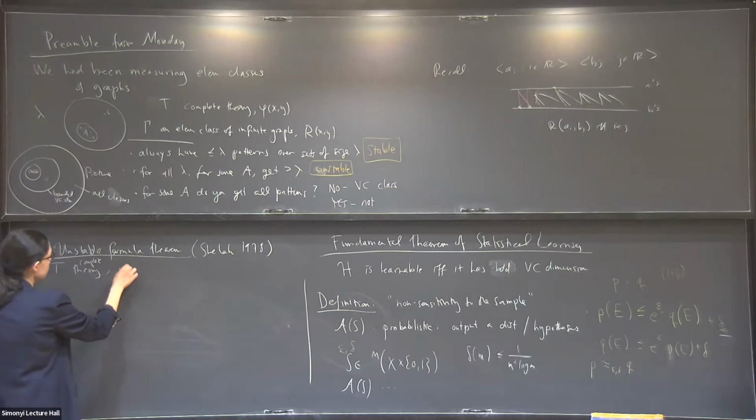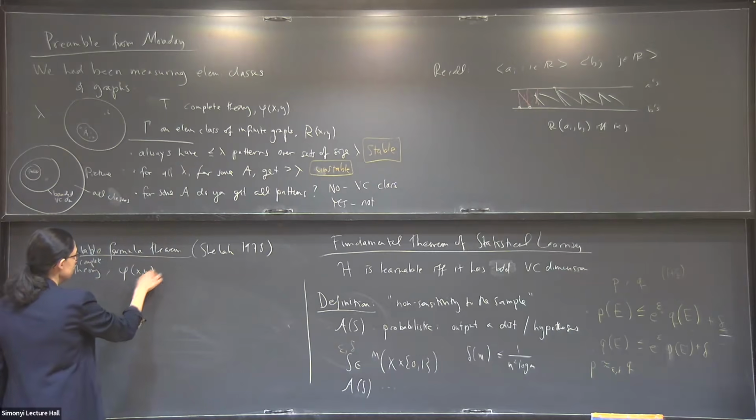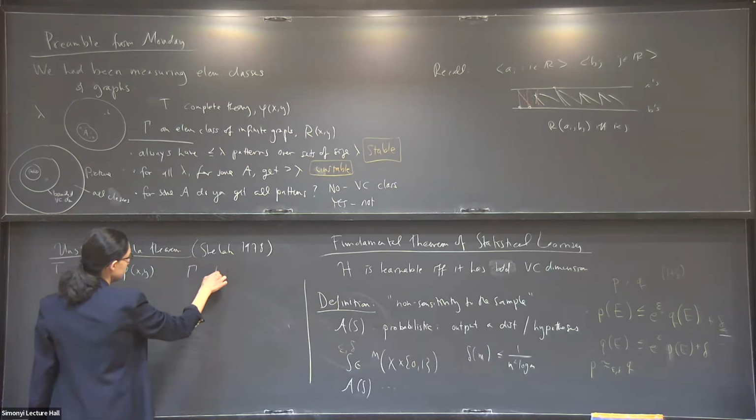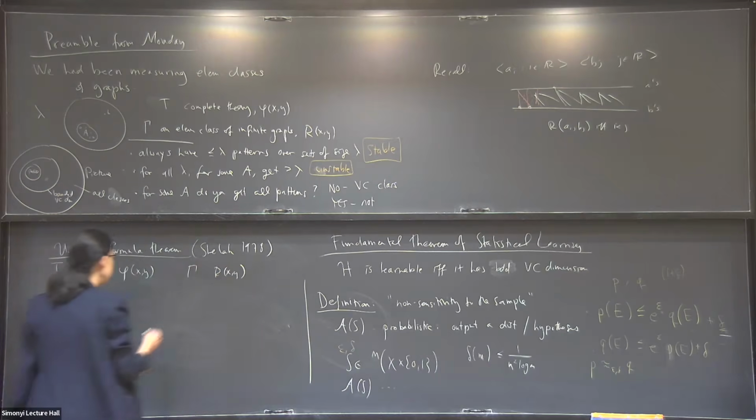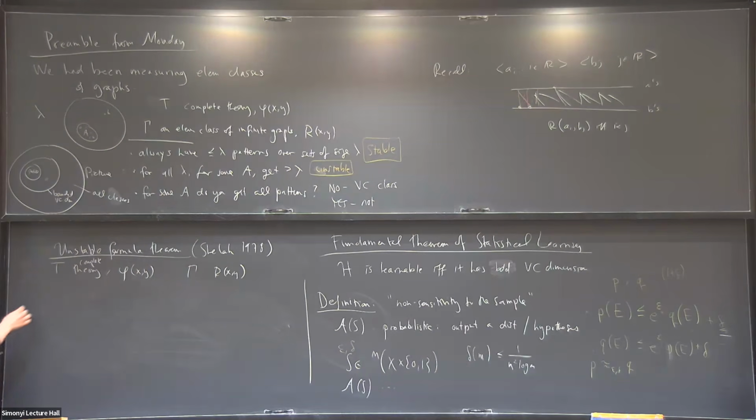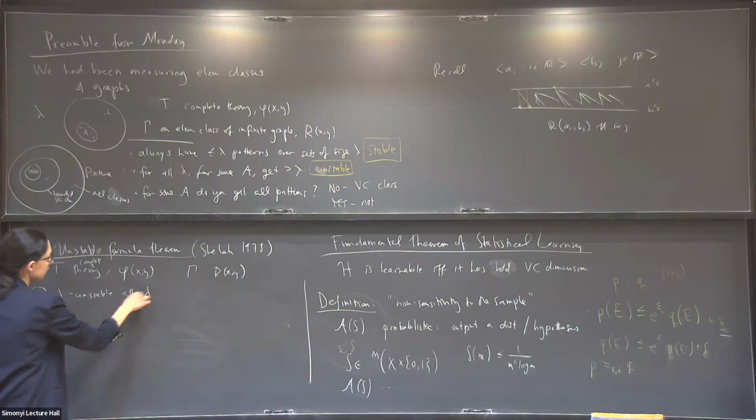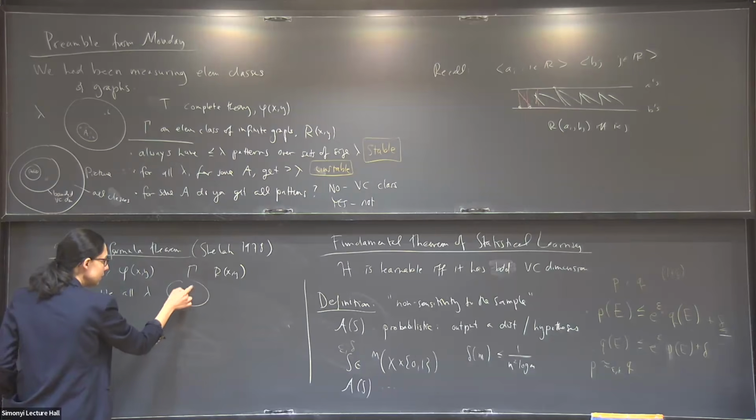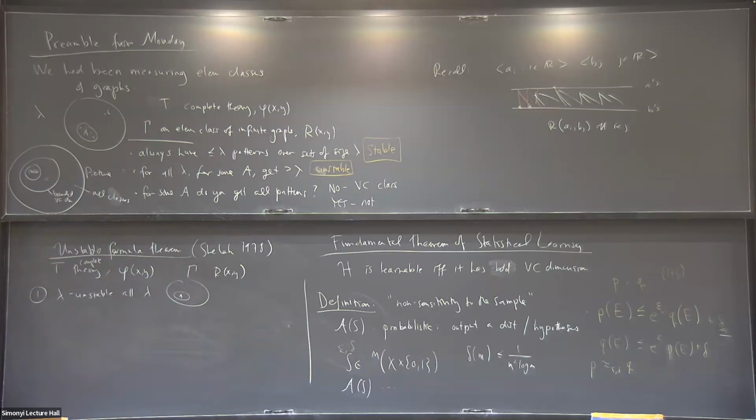T, and we have a formula. But you can also think about it as an elementary class of graphs, the graph edge relation. Okay, so one thing was that your formula is lambda unstable, for all infinite lambda, and again, this was you look at a set A, and you ask if there are strictly more than A many patterns or labelings or partitions.